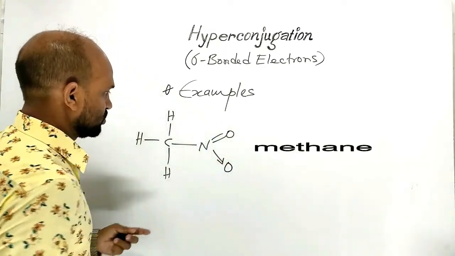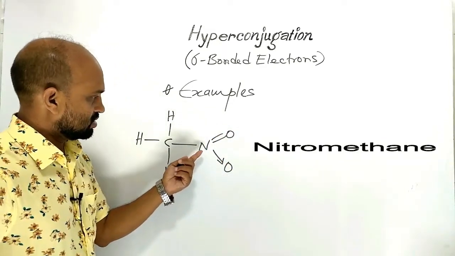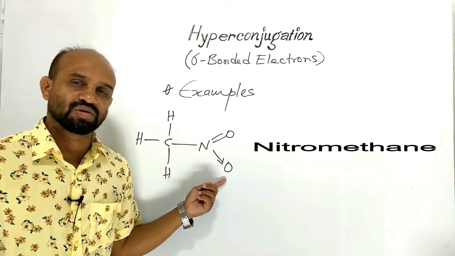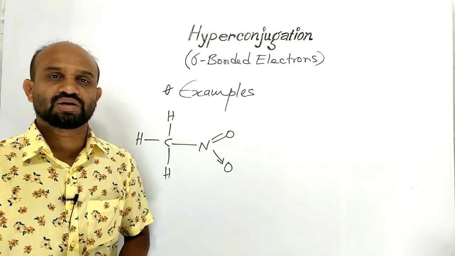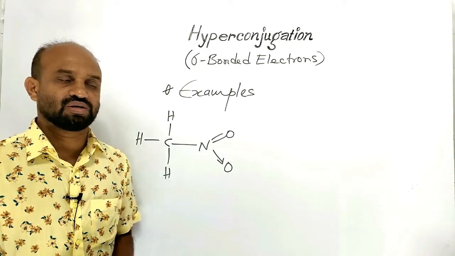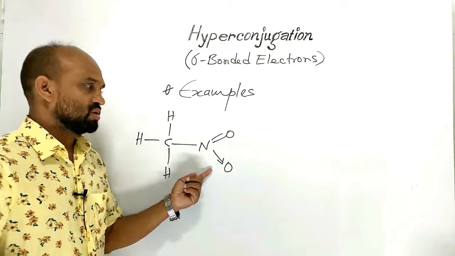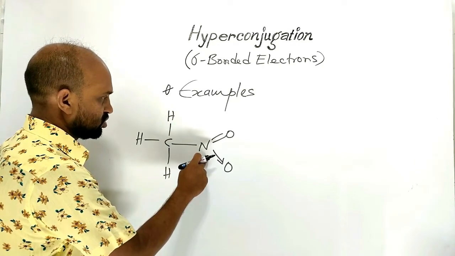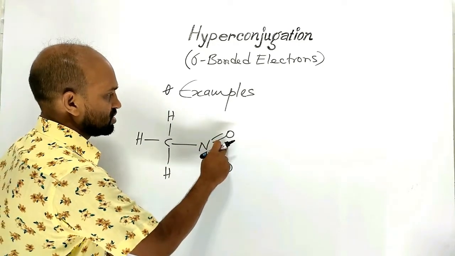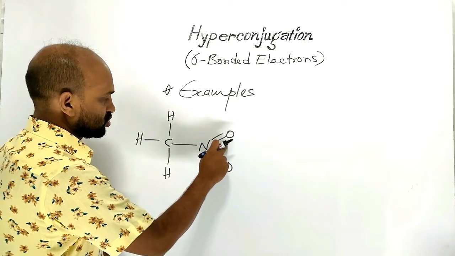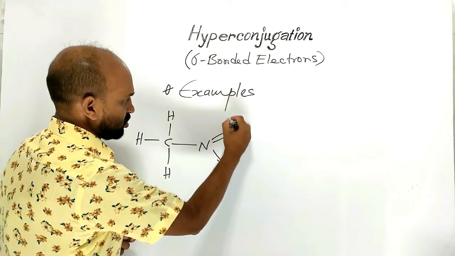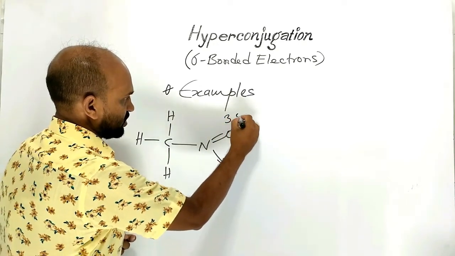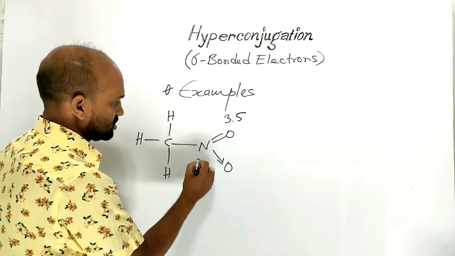This is nitromethane. Here, the nitrogen-oxygen bond is a coordinate covalent bond, denoted by an arrow. Hyperconjugation is produced because of the nitro group. In the nitro group, the electronegativity of oxygen is 3.5 and of nitrogen is 3.1.